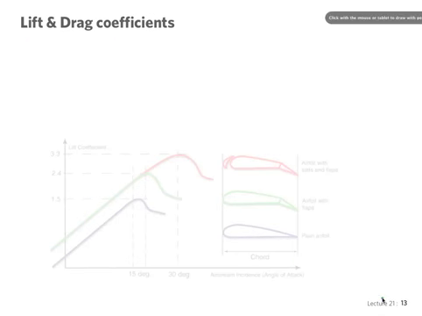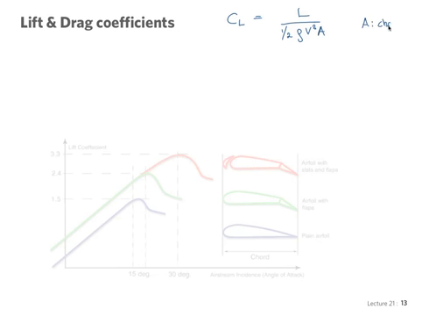Lift and drag coefficients, we define them as follows. Basically, through non-dimensionalization, we define the coefficient of lift as the force of lift non-dimensionalized by the dynamic pressure 1/2 rho v squared times the area of the wing, some characteristic area, and the coefficient of drag, similarly, the drag force divided by 1/2 rho v squared times the area.